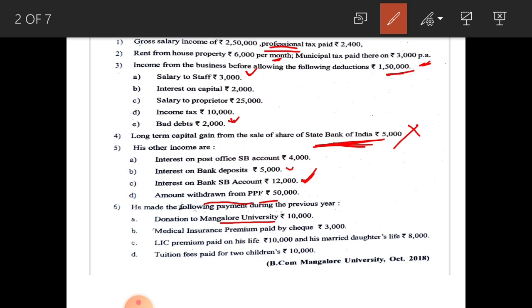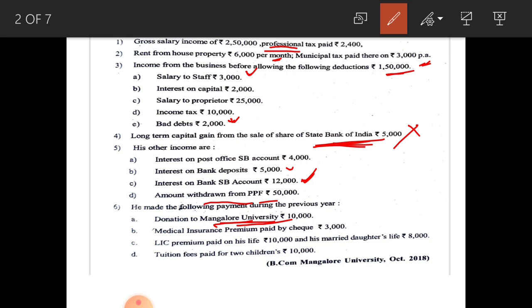But any donation given to recognized colleges for construction of building or renovation is deductible under section 80G with the limit of 50%. But this one, donation to Mangalore University, is without limit, 100% deduction is allowable.